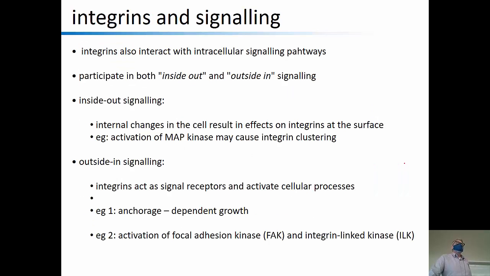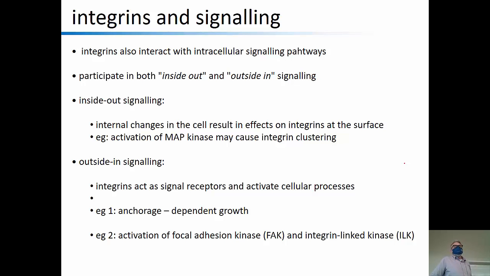So one of the reasons we care so much about integrins is that it turns out they're important signaling molecules. And they undergo both inside-out and outside-in signaling. What this means is they can respond to signals that are outside of the cell and transmit them in, or they can take a signal from inside the cell and transmit it out, oddly enough.